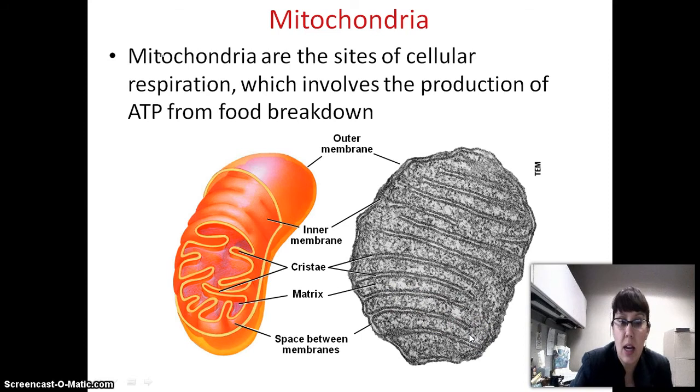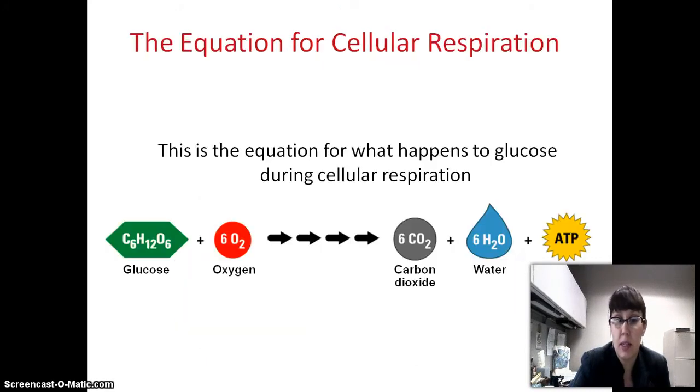Now those cristae increase the surface area of the inner membrane, and that becomes important because the more inner membrane that you can fold into that area, the more space you have for one of the parts of the cellular respiration cycle. In the very center of the mitochondria is what we refer to as the matrix. Between the inner membrane and the outer membrane is what we refer to as the intermembrane space. So you need to know those structures because it will become important later.